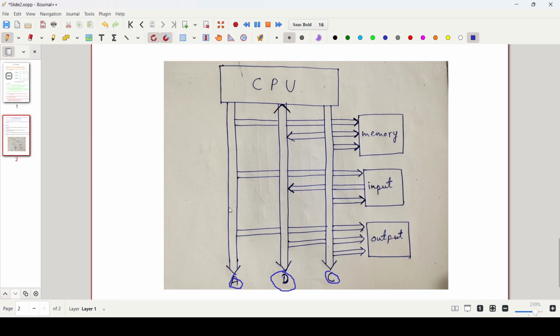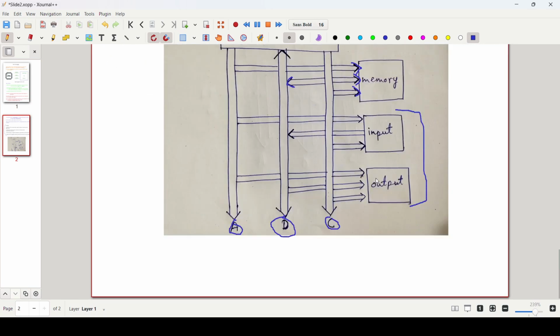The direction is from the CPU towards the buses for the address and control buses, and the data bus is bidirectional, as you can see here. For the memory, from the address bus to the memory it is unidirectional. For the data bus it is bidirectional. And from the control bus to the memory, it is also unidirectional. Similarly, for input and output, you can refer to the figure here.